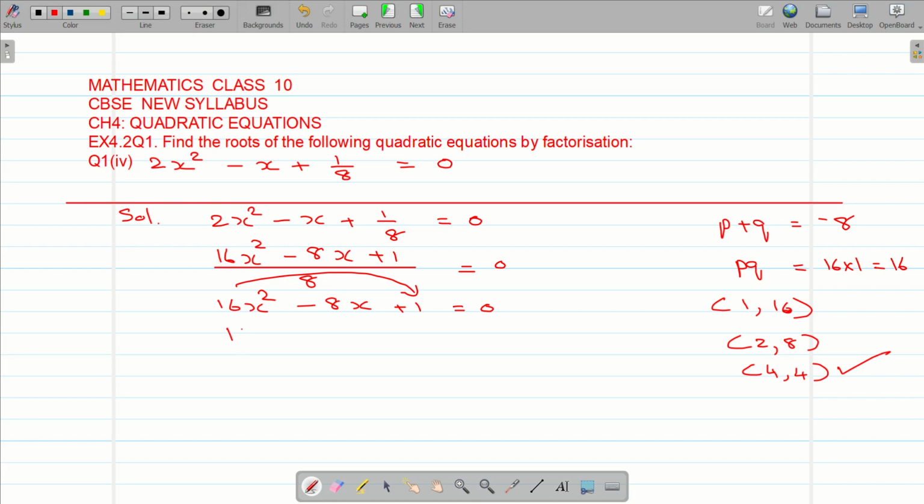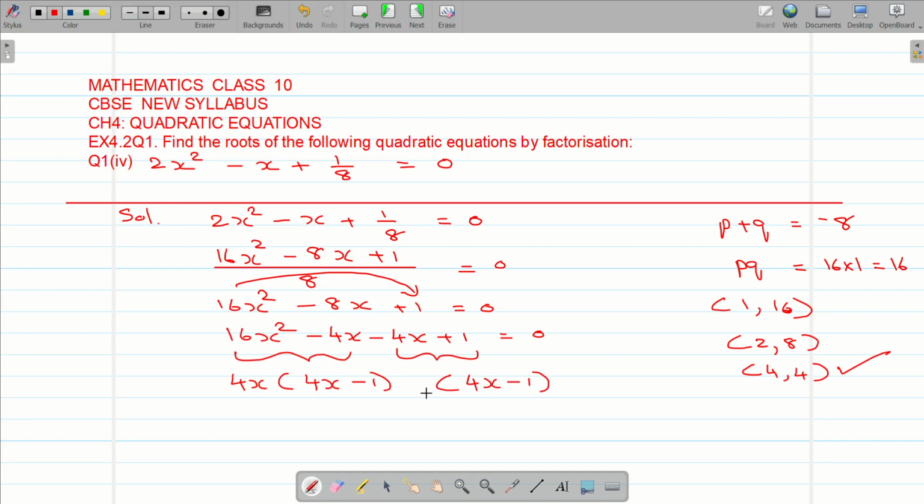So 16x squared minus 4x minus 4x plus 1 is equal to 0. From the first two and the last two. From the first two I can take 4x common, 4x minus 1. Next bracket should be 4x minus 1.